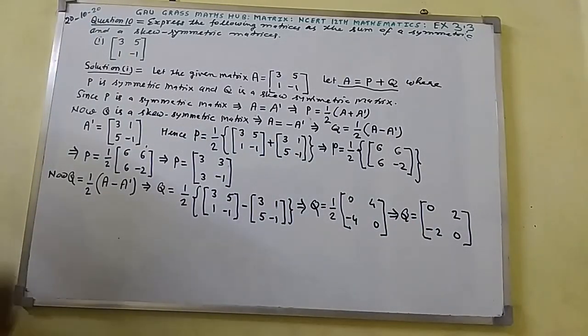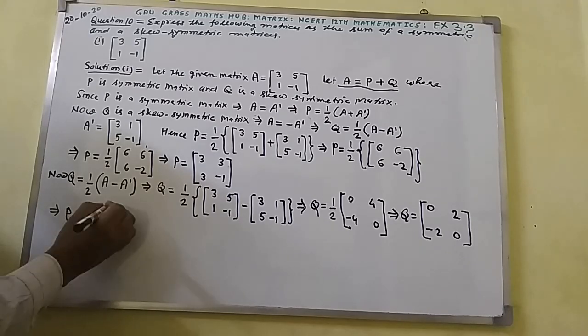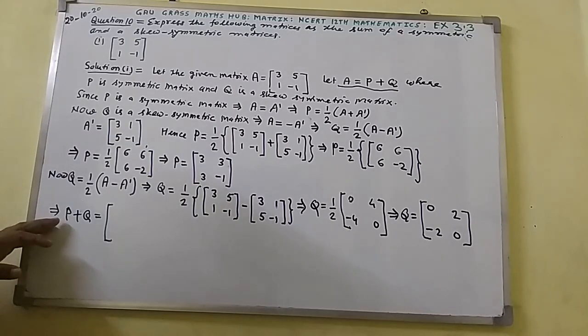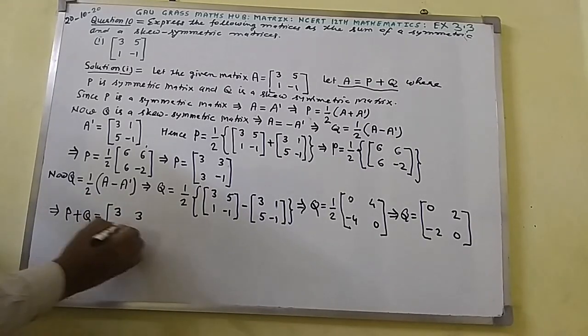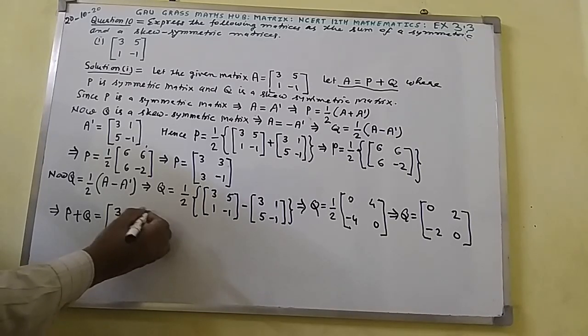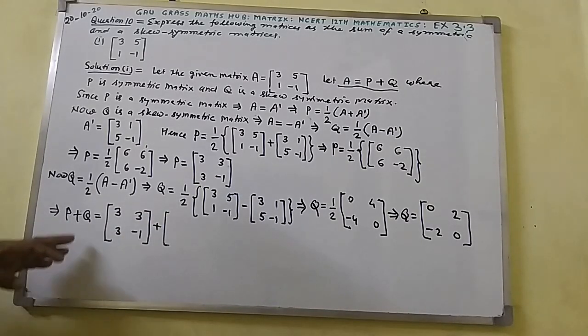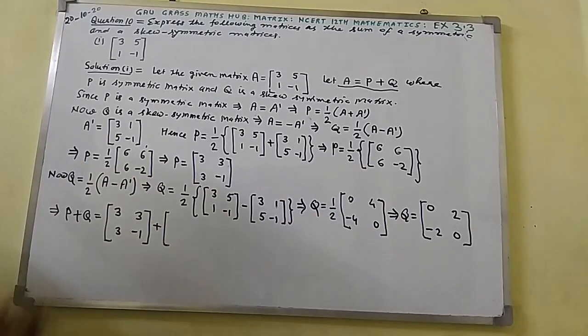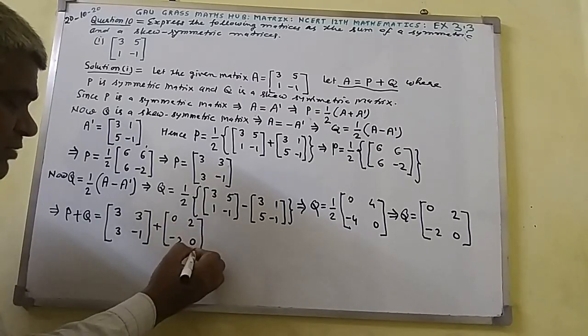So P plus Q: the symmetric matrix P is 3, 3, 3, minus 1, closing square bracket, plus opening square bracket, the skew symmetric matrix Q, which is 0, 2, minus 2, 0, closing square bracket.